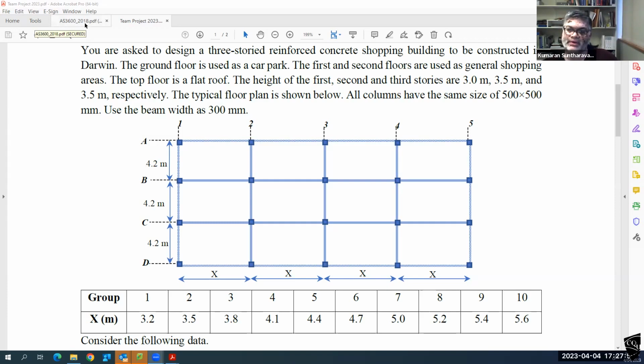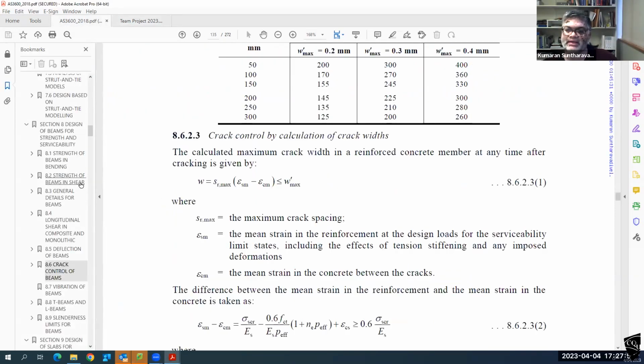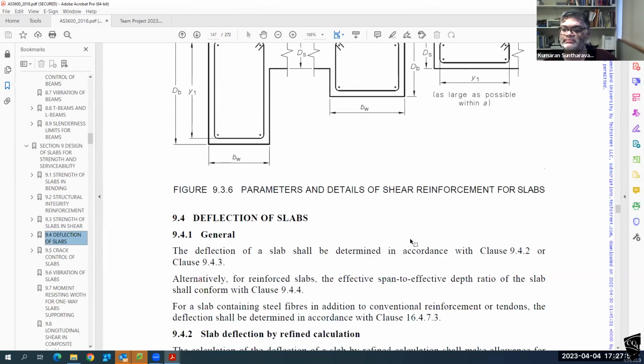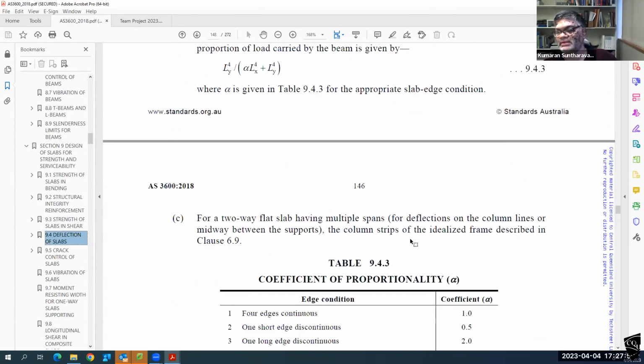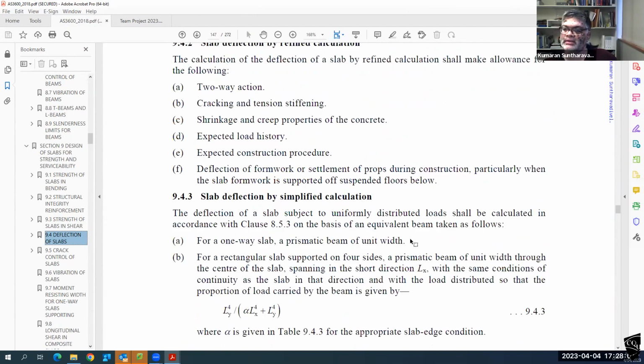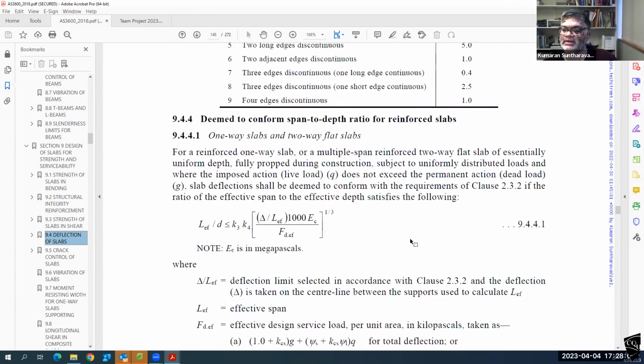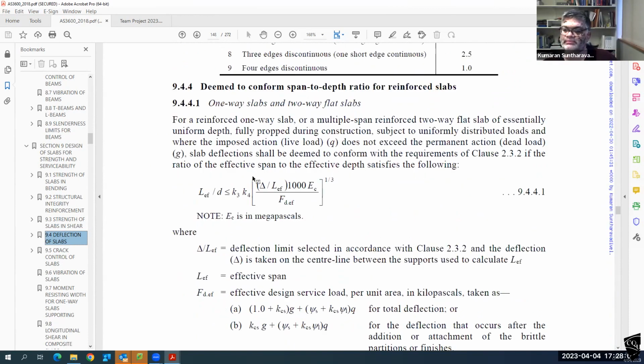If you look at this, the deflection check is under this section. You have the equation here.